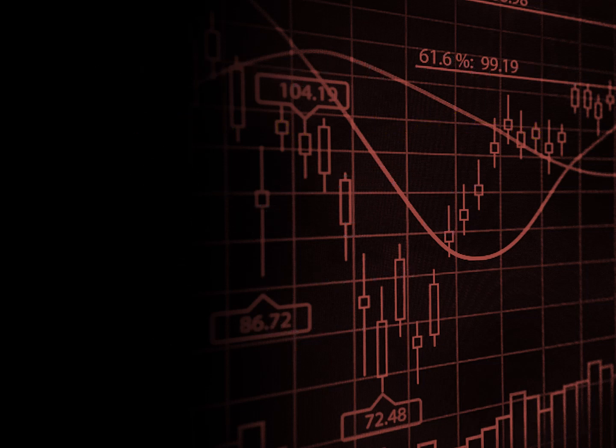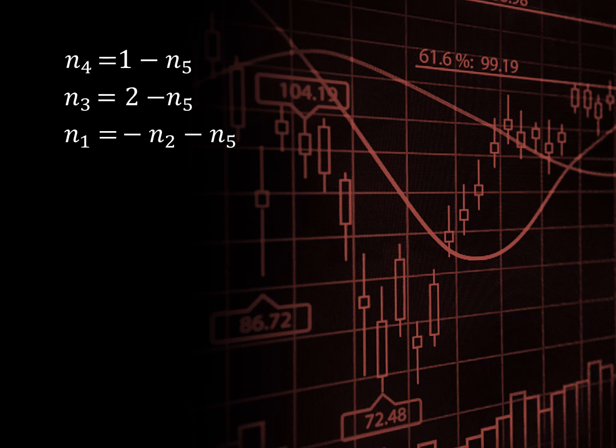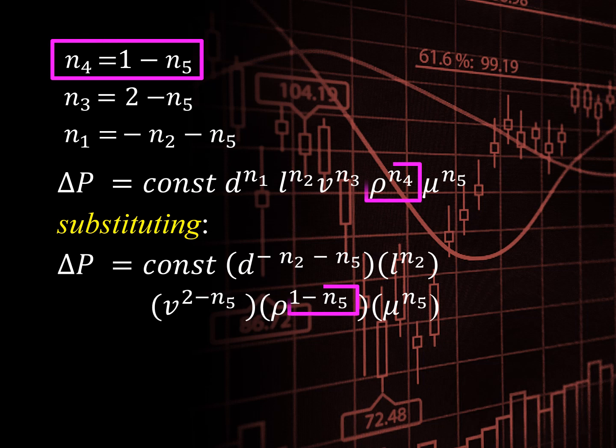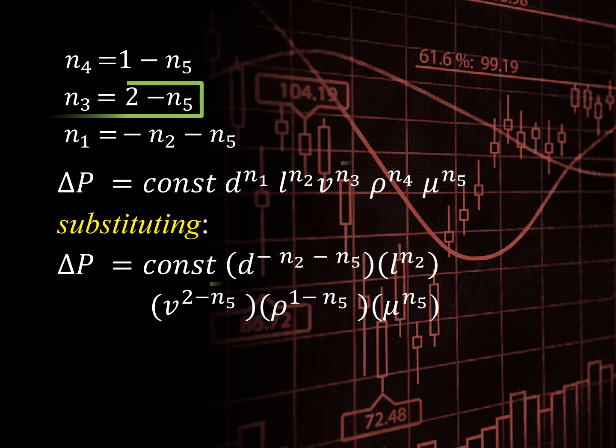Now we are able to derive three equations. Recall that we also have the equation for change of P. So we substitute the equation of N4, then the equation of N3, then the equation of N1.